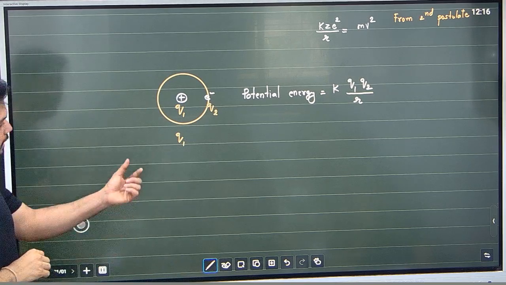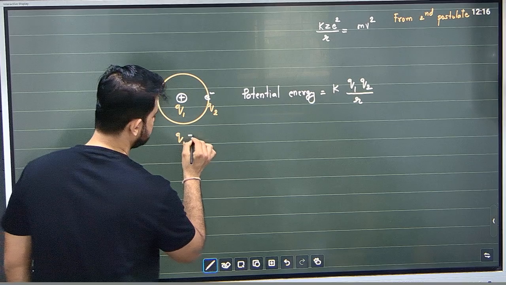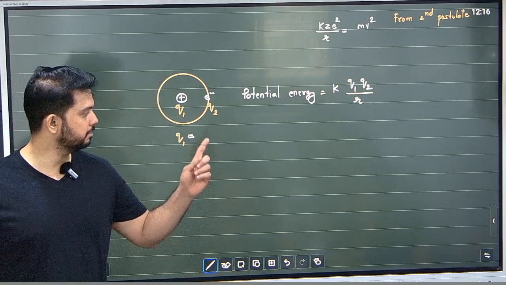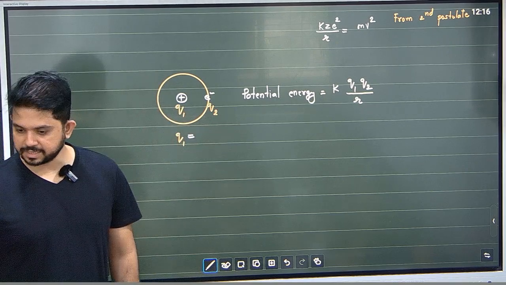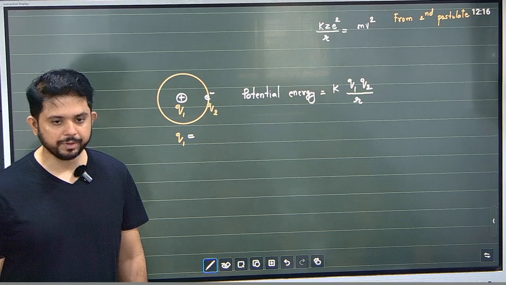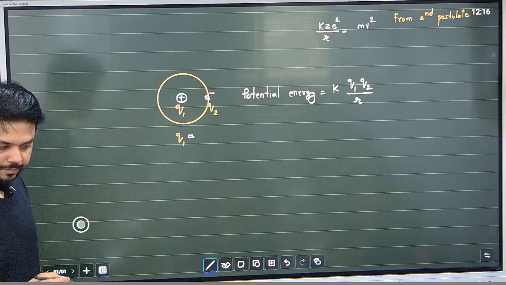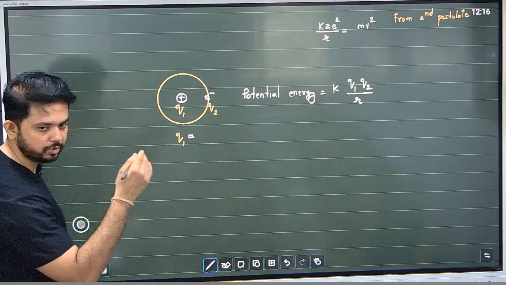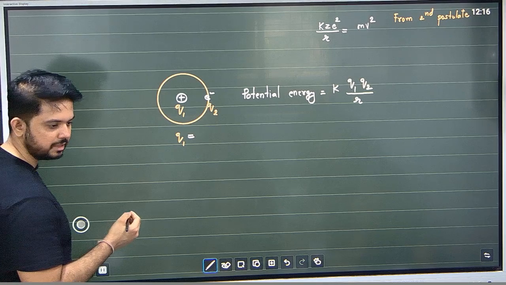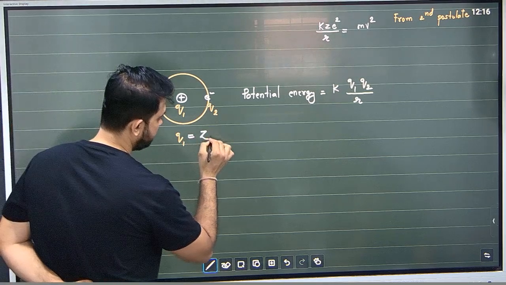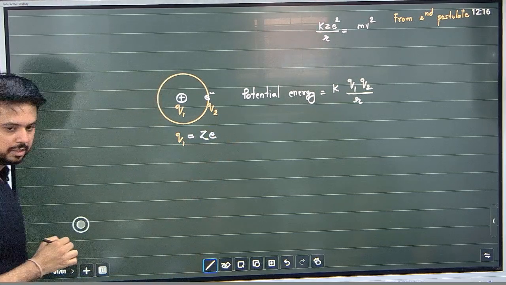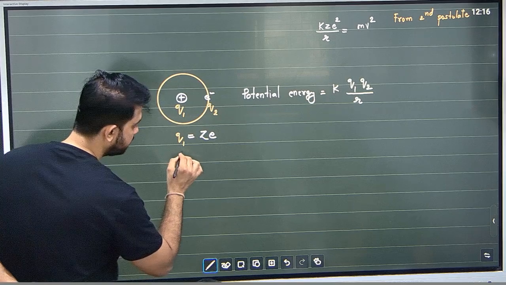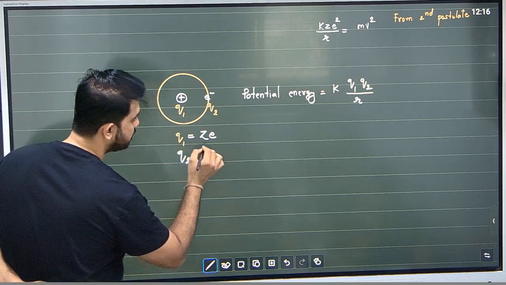What will I write Q1 as? It is the number of protons which are present inside the nucleus. So how many protons are there inside the nucleus? For hydrogen atom it is 1. But if I want to write a general expression, what will I write there? Z, each having a charge E. But what will Q2 be? Charge on an electron?